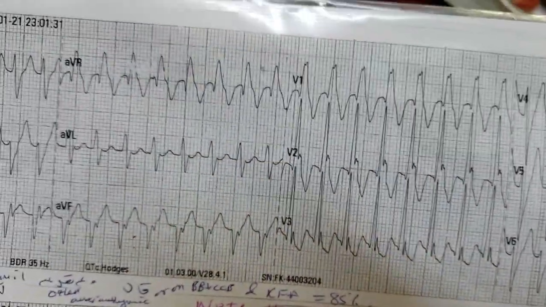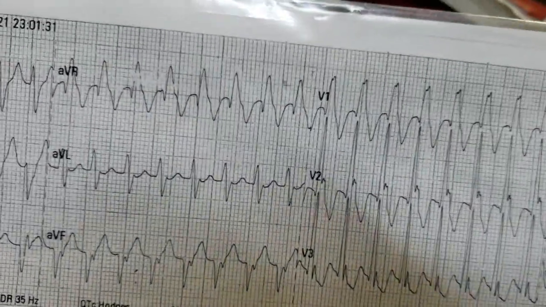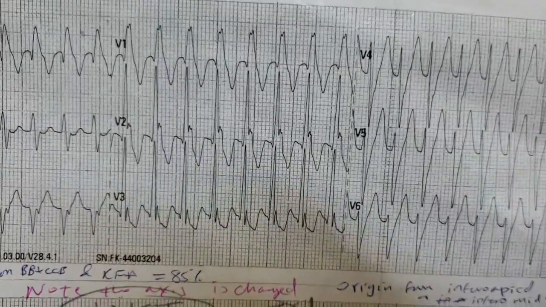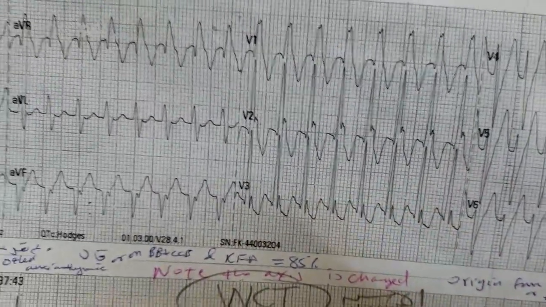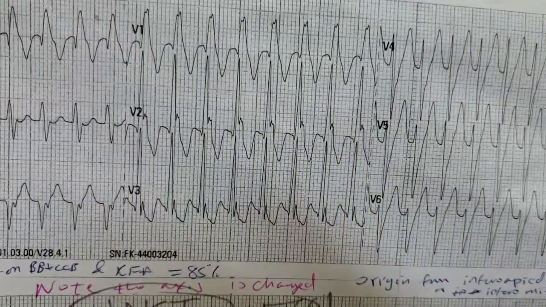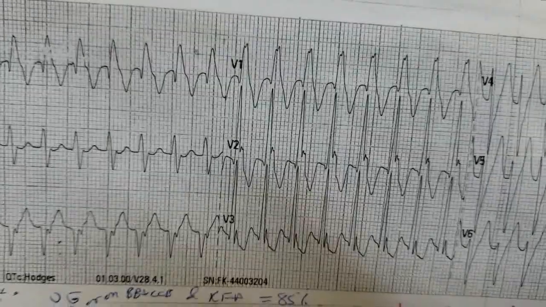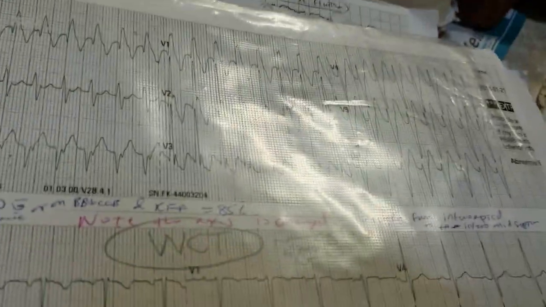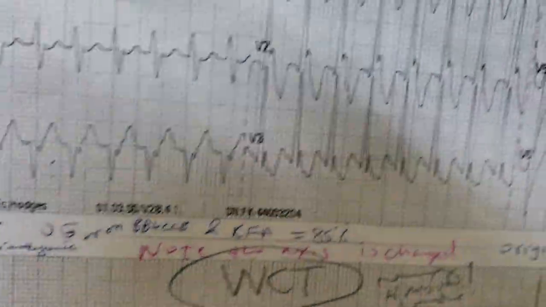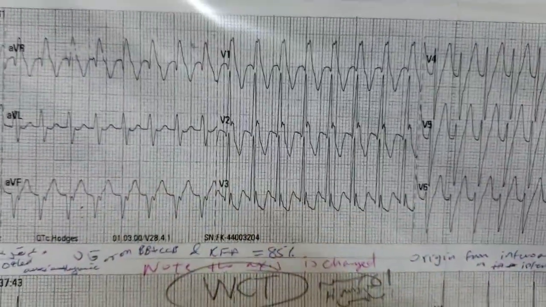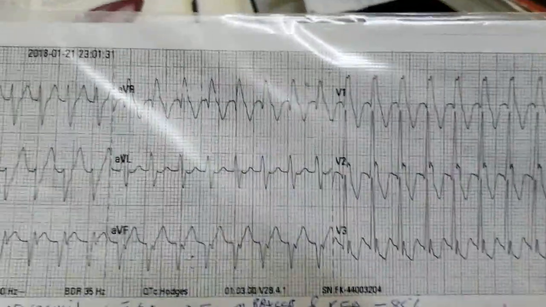Also, this patient is a 25-year-old male. They brought him to the clinic with palpitation. Really, we were confused at that time because we were not able to determine the type of this VTAC. But the patient brought his treatment, verapamil, in his pocket.